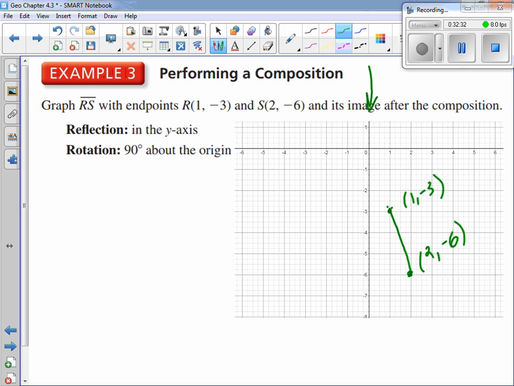The first one's a distance of 1 away from it. So I go a distance of 1. So R is over here at R prime. Well, S is 2 away from the y-axis, so we go over 2 to get S prime.